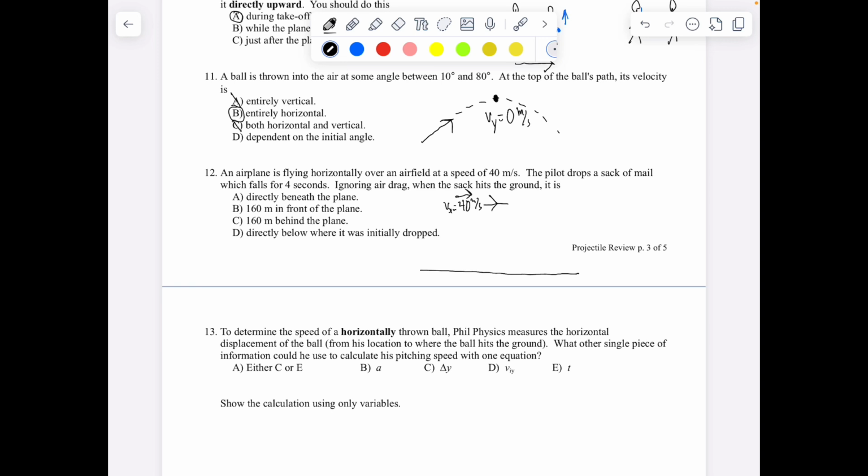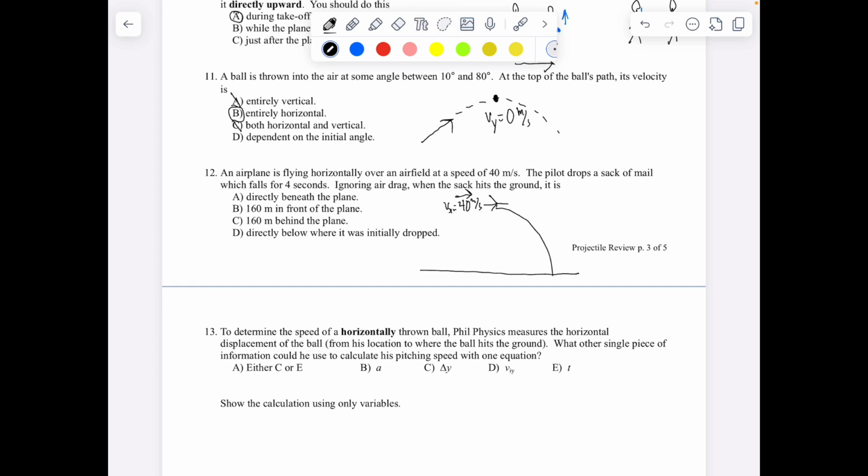Ignoring air drag, the path this mail is really going to take, a lot of people would like to say, oh, it's just going to fall straight down, right? Well, what we're really going to see is because that sack is released at the speed of the plane, it is really moving to the right at 40 meters per second and will follow a path something like this.